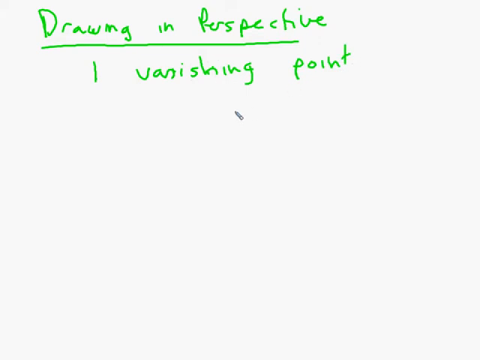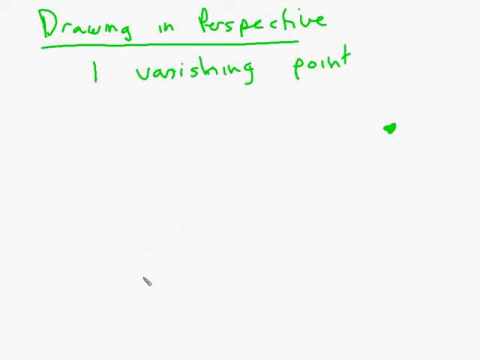Typically, your book uses 2 or 3. 3 is really tricky, but 1 vanishing point, not that hard. So what we're going to do is choose a vanishing point. There's my vanishing point. Okay, so all my lines are going to have to somehow draw toward that.